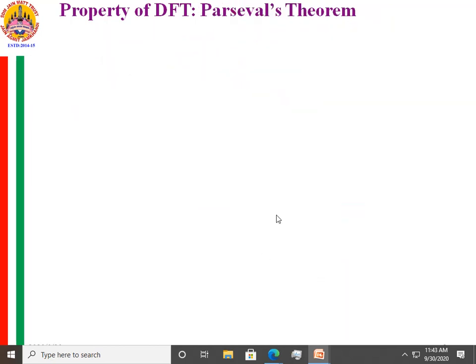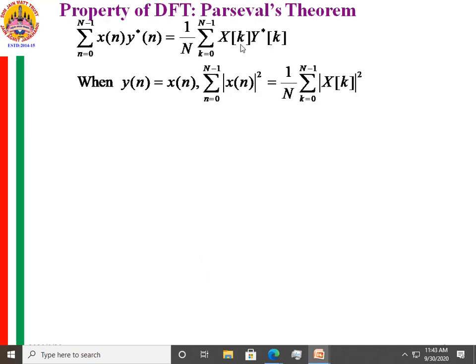So now moving ahead with Parseval's relation or Parseval's theorem. This is also called Rayleigh's energy theorem. Why is this called Rayleigh's energy theorem?